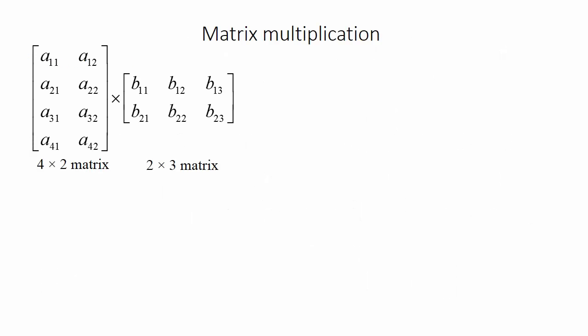And then we have something a little bit more complicated, the matrix multiplication. It has the operator of a cross instead of a dot. In order to perform matrix multiplication, the two inner dimensions of these two matrices must be the same. Therefore, I can perform this matrix multiplication.